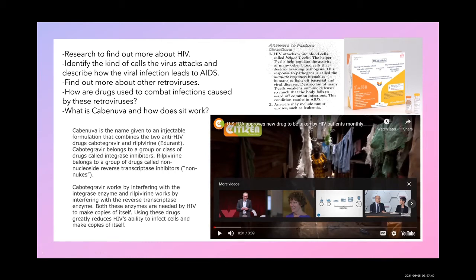Pathogens are basically anything that doesn't belong in your body. This response to pathogens is called immune response. It enables humans to fight off bacterial and viral diseases. Destruction of many T cells weakens immune defenses so much that the body fails to ward off common infections. This condition results in AIDS.